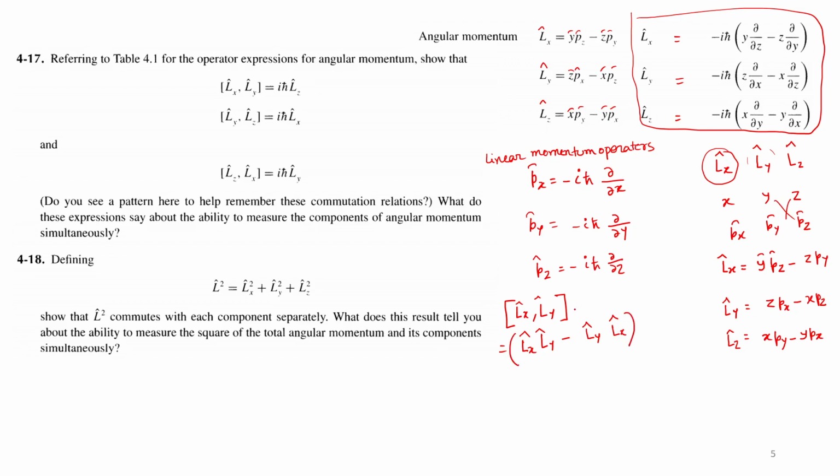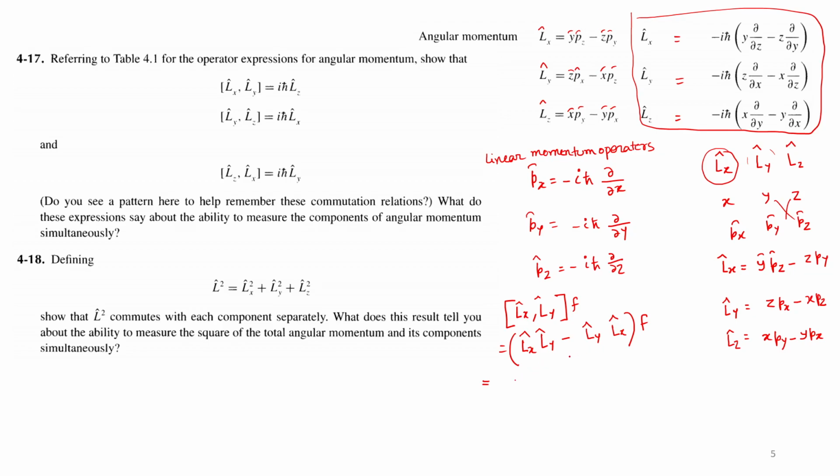Now when it is operating on a function f, it will be something like this, so I will write it here. As they are all linear operators, remember that quantum mechanical operators are Hermitian and linear.